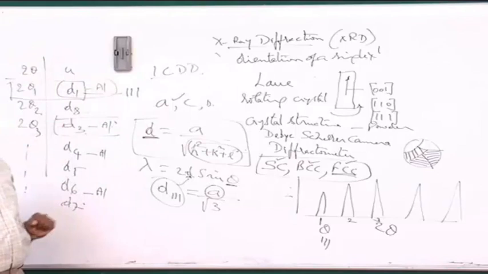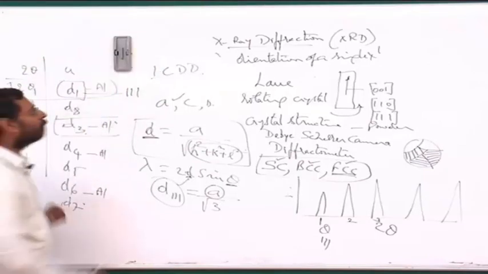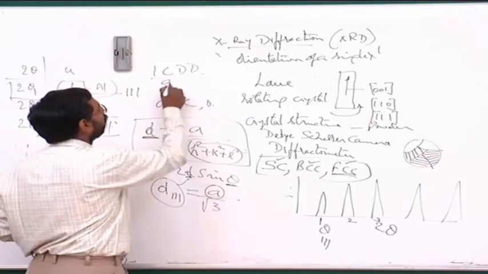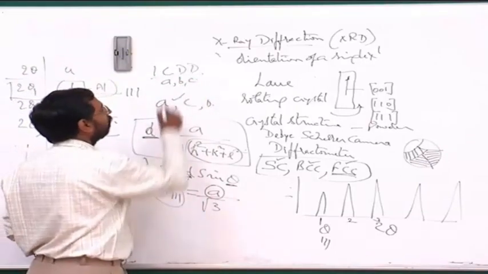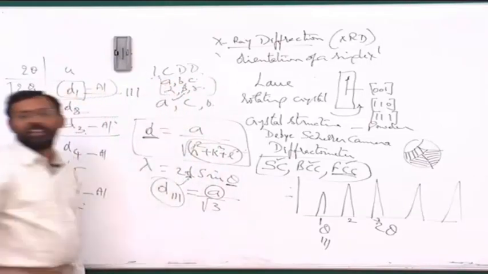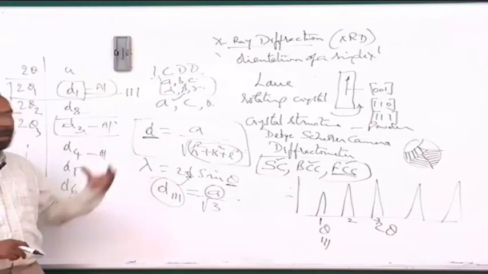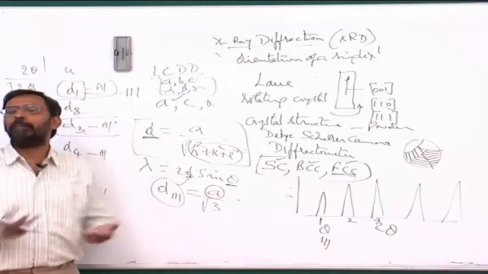And once I find out the phase corresponding to those peaks, in that particular data handbook itself you will see what are the a, b, c for that phase, what are the alpha, beta, gamma for that phase. These are all listed there. In fact, this ICDD data handbook is always continuously updated.